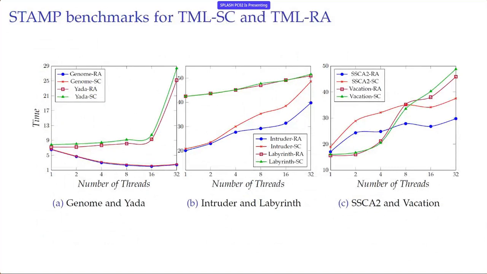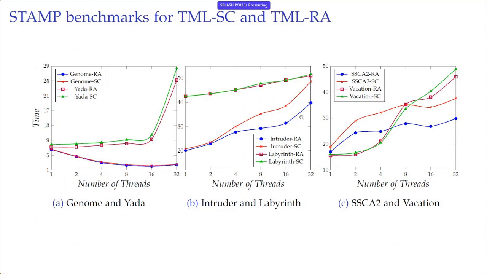And given that we have these 2 algorithms now, we can run the 2 together to see what happens. There's a famous set of benchmarks called STAMP. And we see that for free, most of the time, the SC version and the release acquire version are comparable, but in some benchmarks we can see improvements. So here the blue one is the release acquire one, and lower is better in this case, and the red one is the SC version.